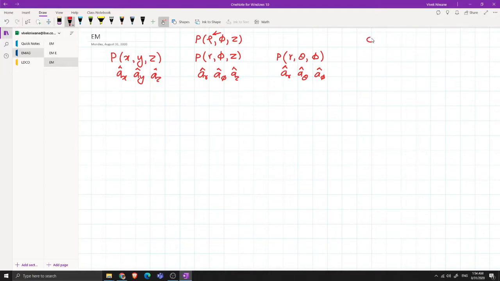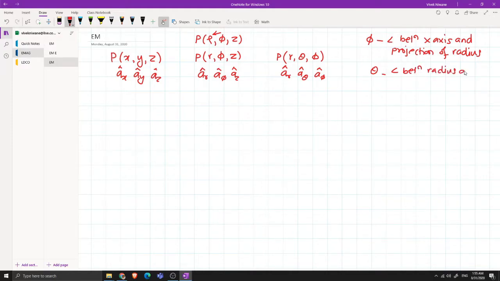Do remember that phi is the angle between the x axis and the projection of the radius, whereas theta in the spherical coordinate system is the angle between the radius and the z axis.